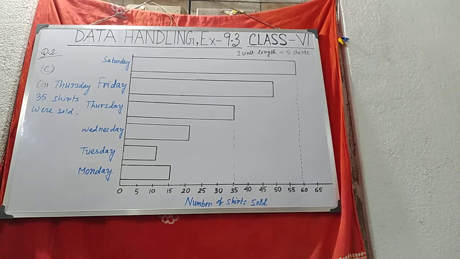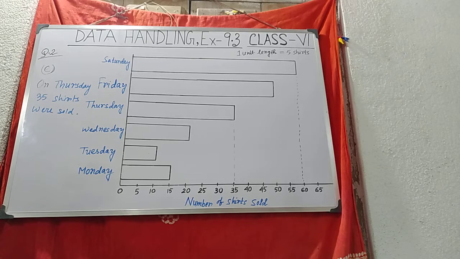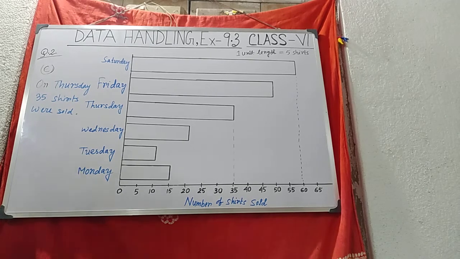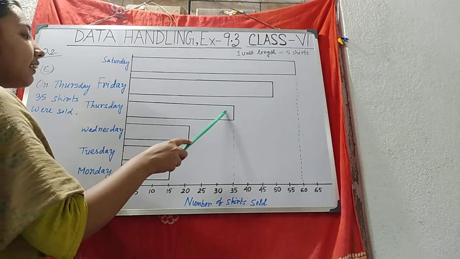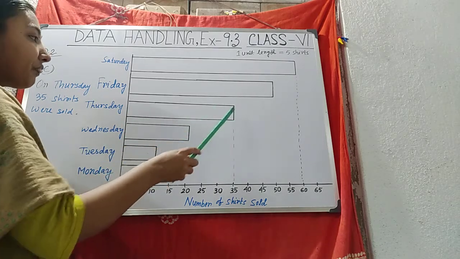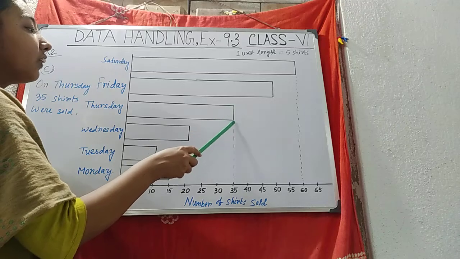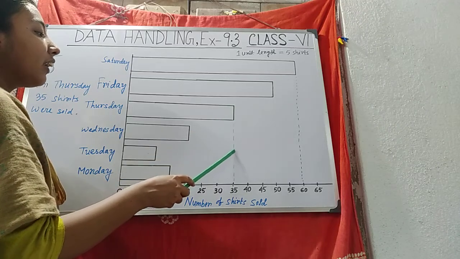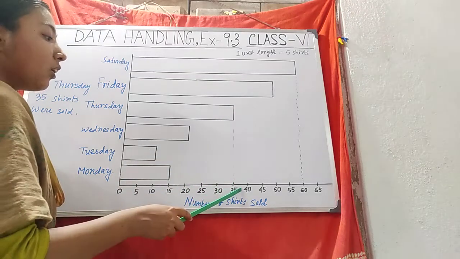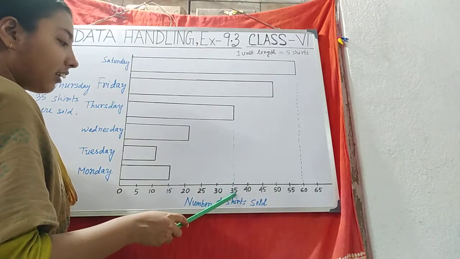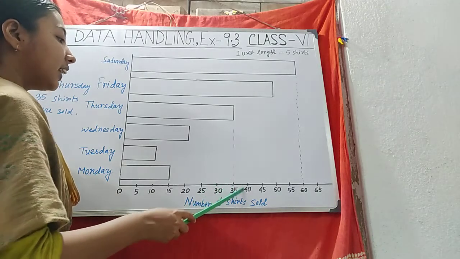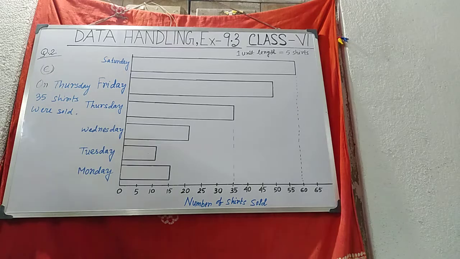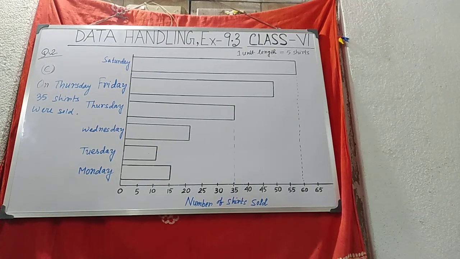Now we move to our last question, how many shirts were sold on Thursday? At first we have to move to Thursday. Here we can see that on Thursday the bar is given, and from the top of the bar we have to draw a dotted line to the horizontal line which touches the number 35, meaning 35 shirts were sold on Thursday.